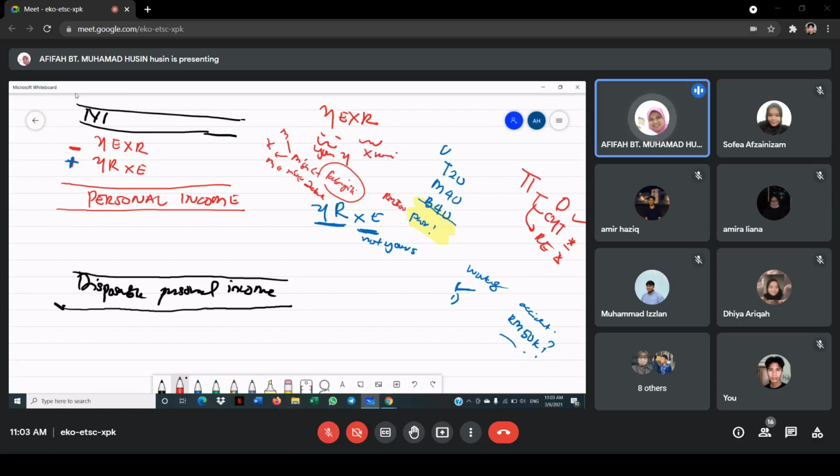So you have to add the income received but not earned. Minus income earned but not received will give you personal income. So what is the difference between personal income and disposable personal income? What's the difference, class?